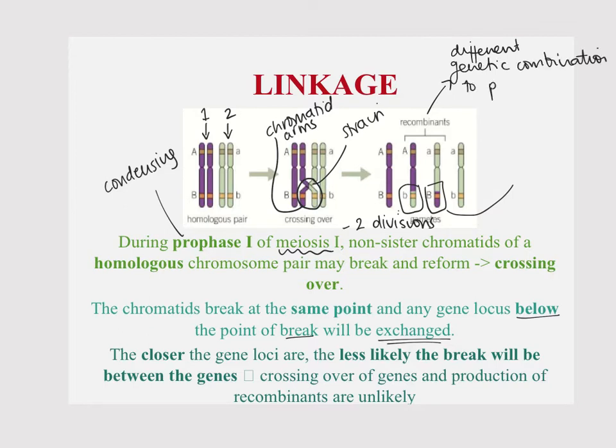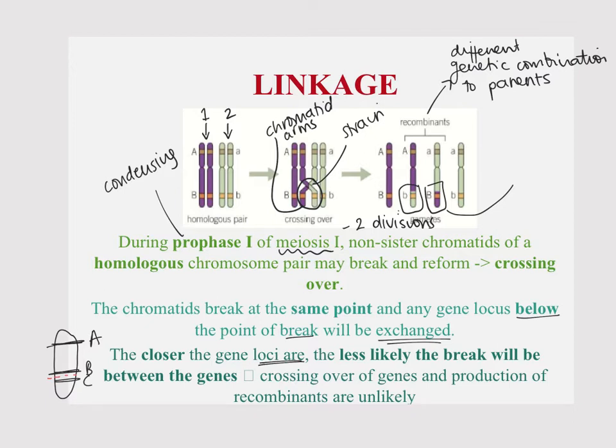Okay, now in terms of gene linkage, the closer gene loci are, okay, so we'll draw this on a diagram in a second, but if I've got A up here and then B and C, the closer they are, so B and C are quite close, the less likely there is to be a break between those two genes.